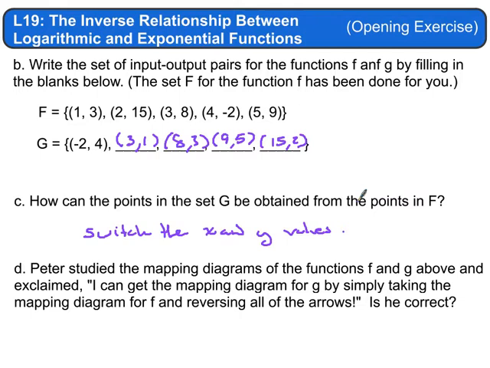And in part D, it says, Peter studied the mapping diagram of the functions f and g above and exclaimed, I can get this mapping diagram by simply taking the mapping diagram for f and reversing all the arrows. Is it correct? And we would say, not quite. Not quite.